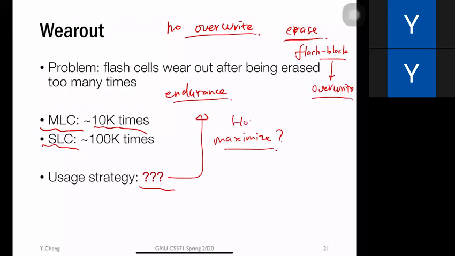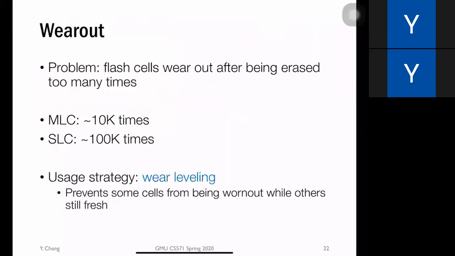How to maximize endurance for a flash device? A typical technique is called wear leveling. You can think of wear leveling as some sort of write balancing technique.